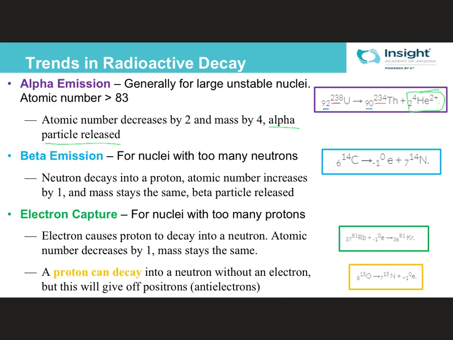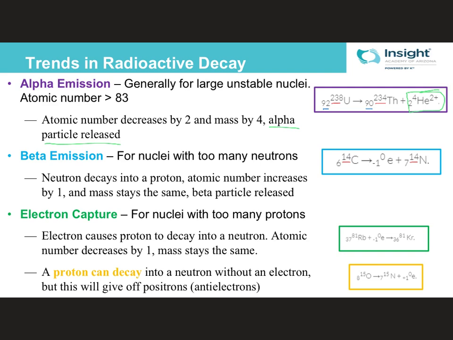Beta emission, on the other hand, is for smaller nuclei that have a ratio of neutrons to protons where there are really too many neutrons. One of those neutrons will decay into a proton. So in a reaction for beta emission, your mass stays the same, because you're just taking a neutron and turning it into a proton, which still factors into that mass calculation.